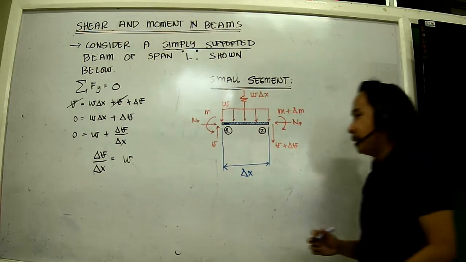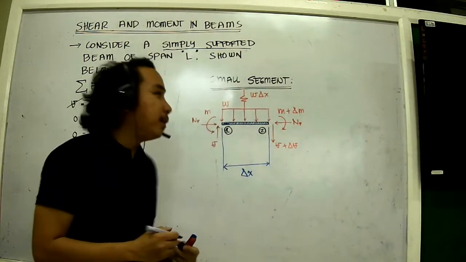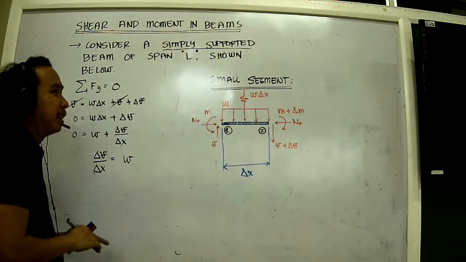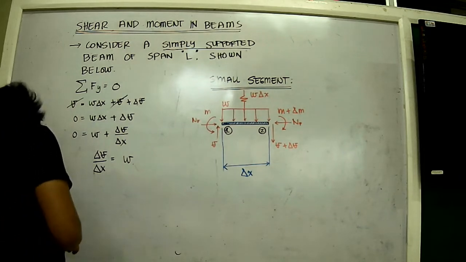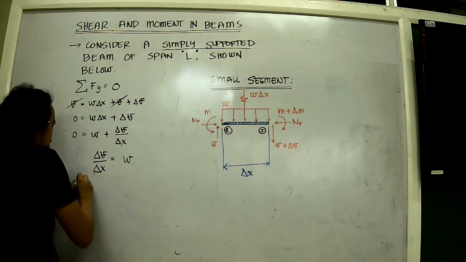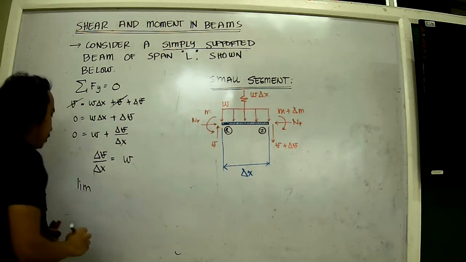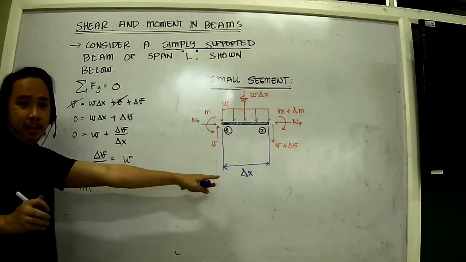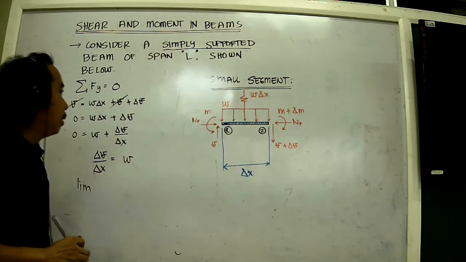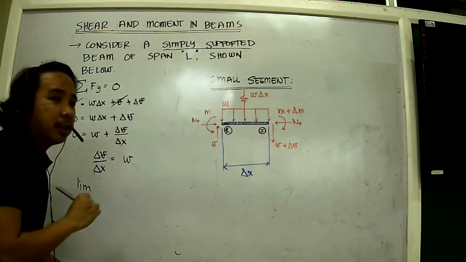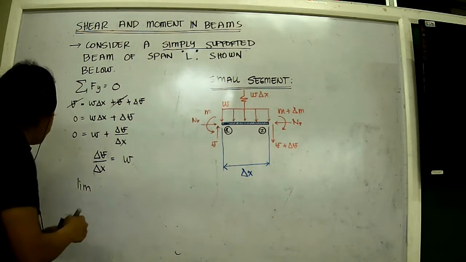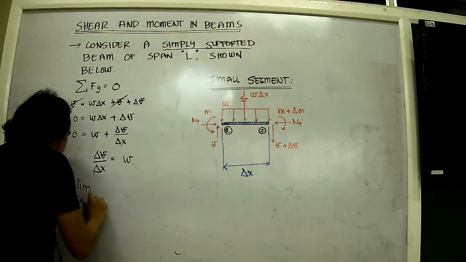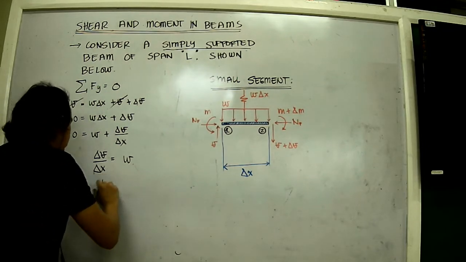In this case, I want to apply some theorems from calculus, I don't know if it is from Newton or Leibniz. I apply the limit theorem. Since delta x is infinitesimally small, inching closer and closer to 0, it is only right that I invoke the limit theorem here.